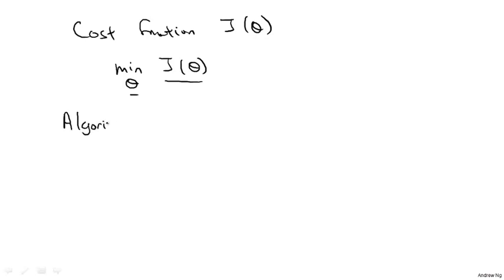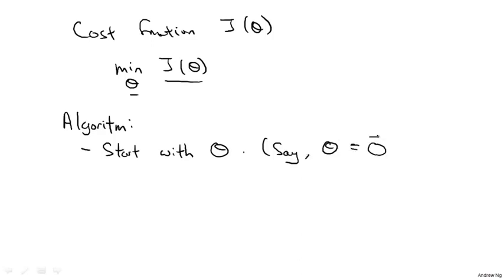The idea of our algorithm of gradient descent is as follows. We're going to start with some value of theta. You can start at any value, but one value you could start at would be the vector of all zeros, which I'm going to denote with a 0 and a little arrow on top. So this is the vector of all zeros.